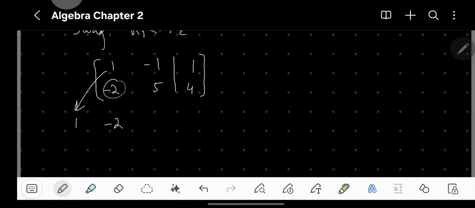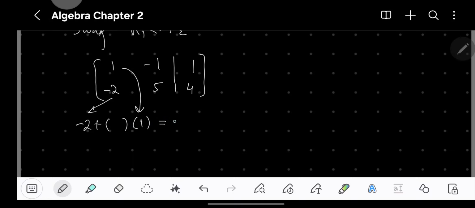Okay? So what to do? -2 I will write. So I will write -2 plus some number times this value 1. I should get 0 because here I need 0. Okay?